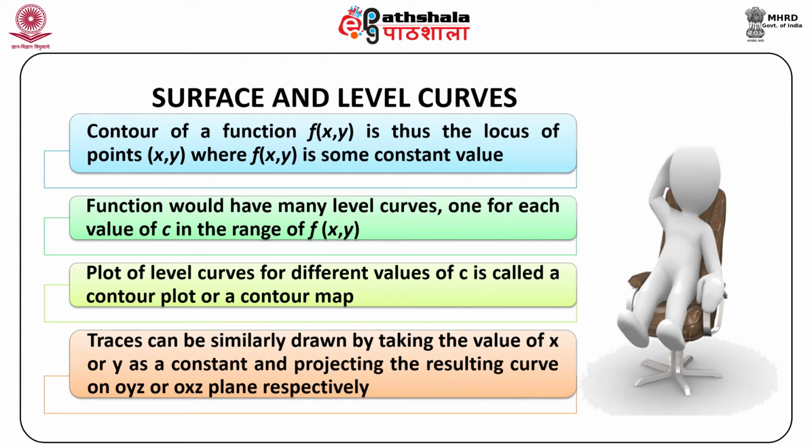Traces can be similarly drawn by taking the value of x or y as a constant and projecting the resulting curve on OYZ or OXZ plane respectively. Contour maps are commonly used in representing topographical features of Earth's surface. Such level curves are of great relevance in the production and utility theory also.